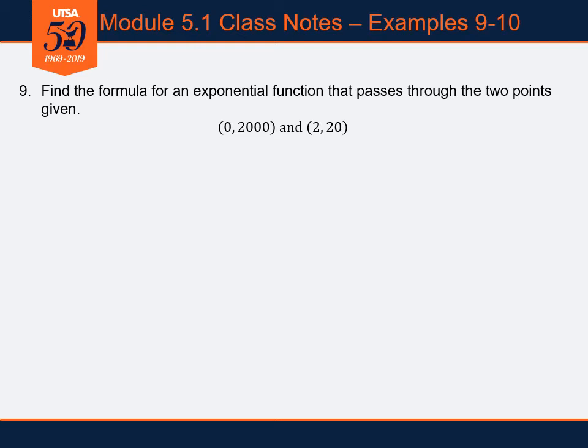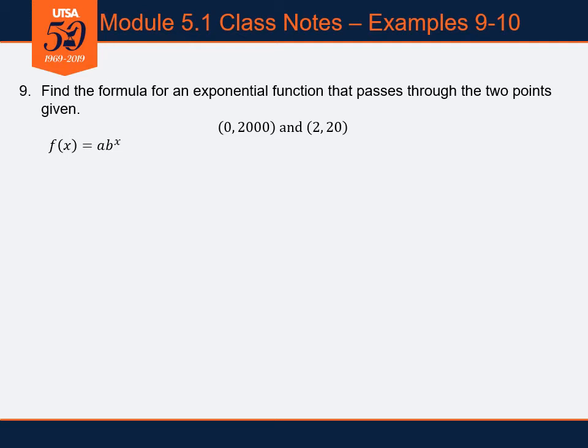Not y equals mx plus b, but the function of the form f of x equals a times b to the x power, where a represents, and you can get this straight from your pre-class notes, your textbook, the initial value of the function, the y-intercept, and b is the base of the exponential.